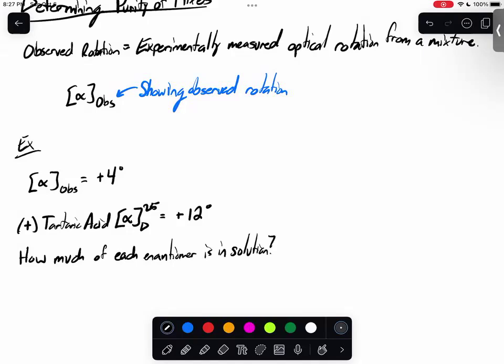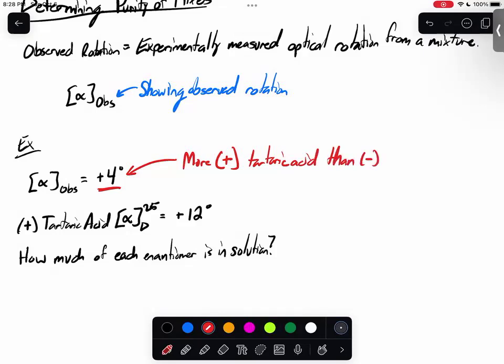So how are we going to figure that out? Well, the first thing that we can do is we can actually just take a quick look at some of the values that we've been given. So if the observed value is at plus 4 degrees, what this immediately tells us is that there's more plus tartaric acid than there is minus.